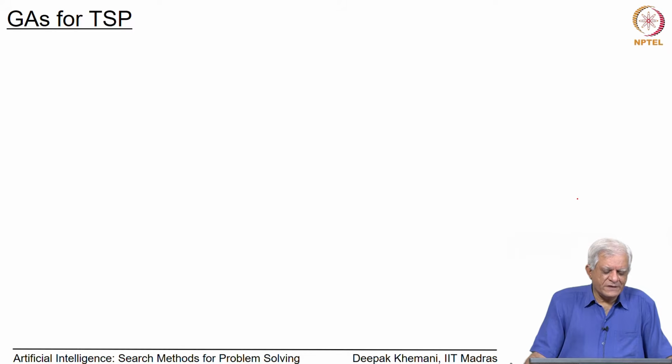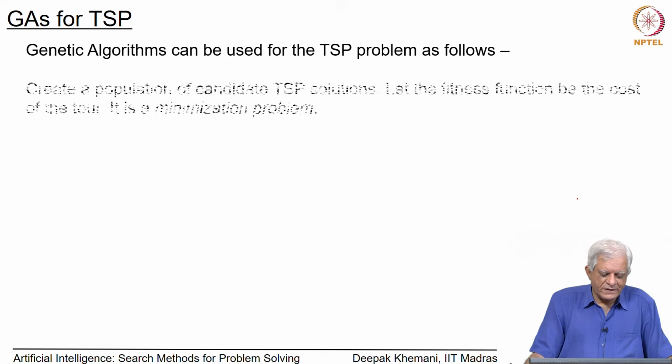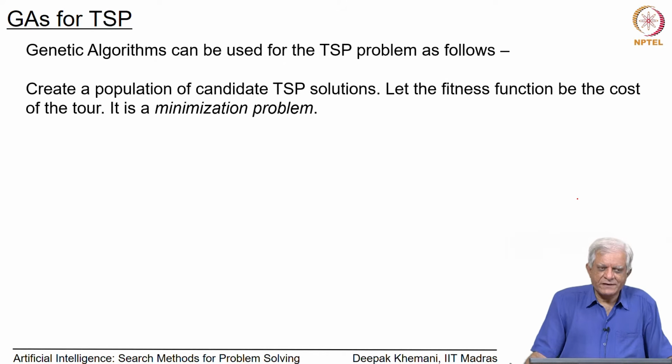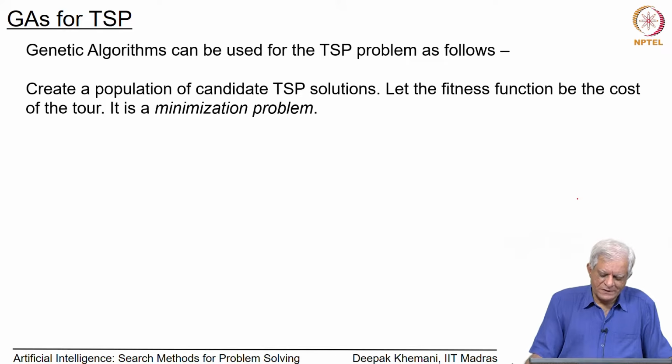and we want to see how genetic algorithms can be used for TSP. So, we start off by creating a population of candidate TSP solutions, and the fitness function will be the cost of the tour essentially. Now, observe that since we want the minimum cost tour, the fitness function has to be considered appropriately, and this is a minimization problem.